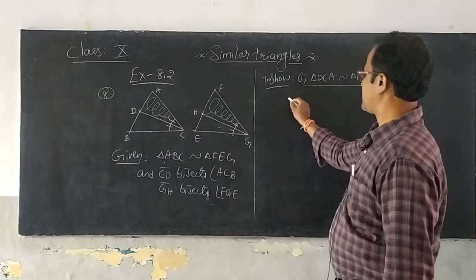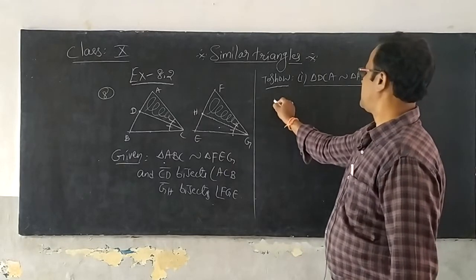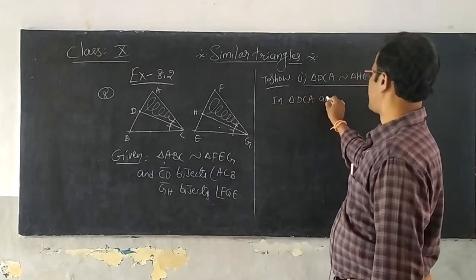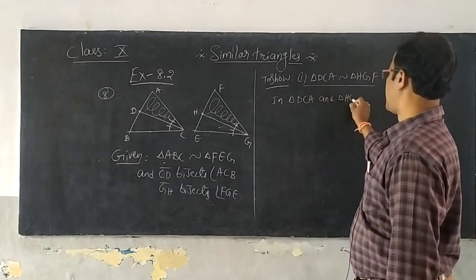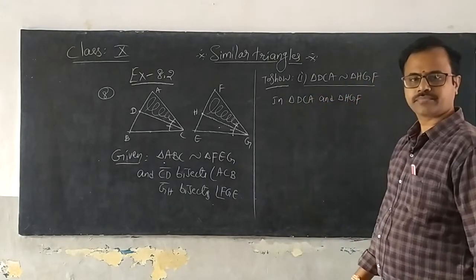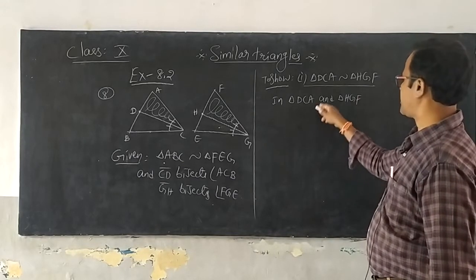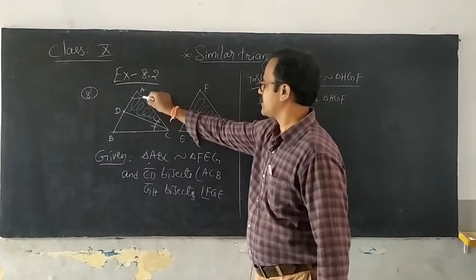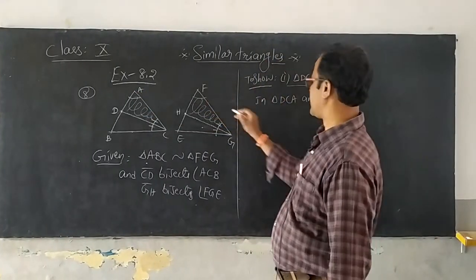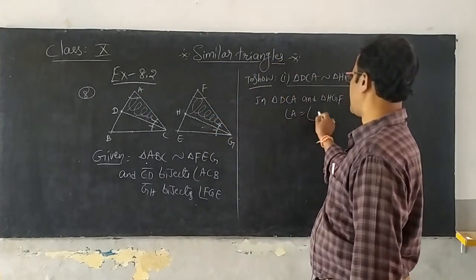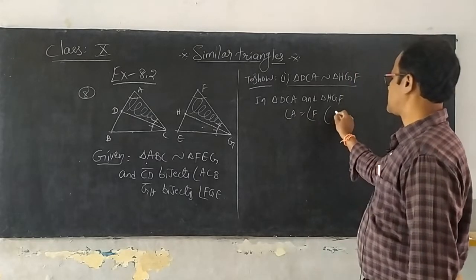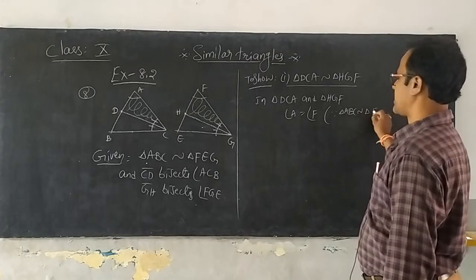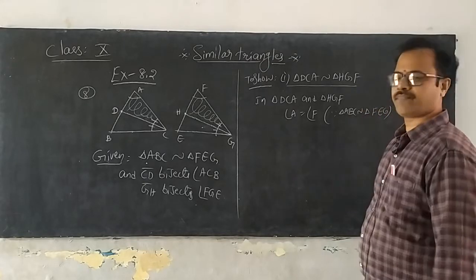Right. So here in triangle DCA and triangle HGF, what do we want to show here? That they are similar. So I am taking the angle A here and angle F here. Angle A is equal to angle F, since triangle ABC is similar to triangle FEG.